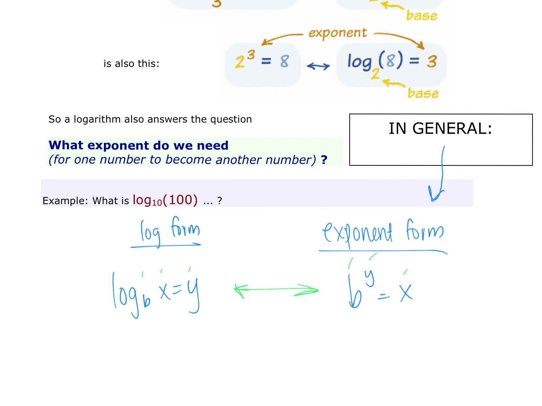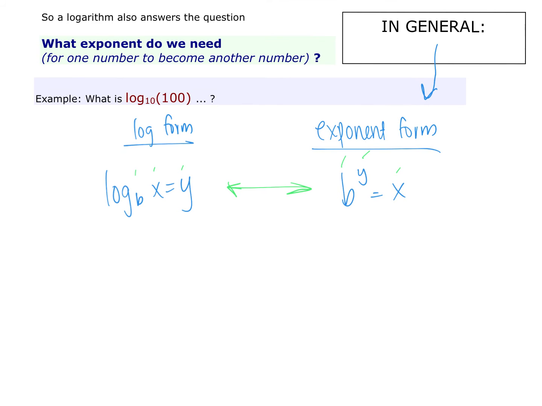So let's do my example that we did before, like 2 to the 3rd, right? Let's do this example right here. Log base 10 of 100. First thing I need to do is solve it. How many times do I need to multiply 10 to get 100? I know that my answer is 2.